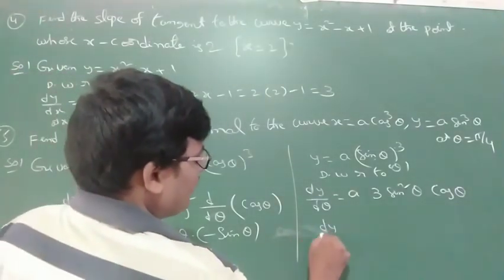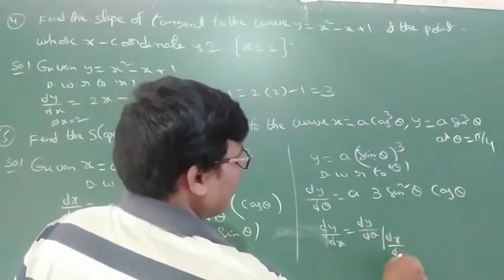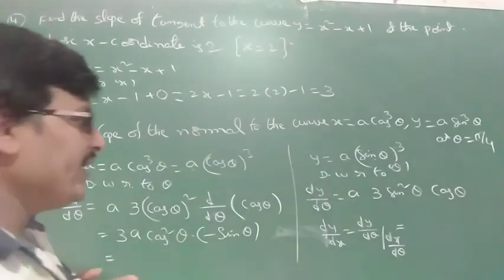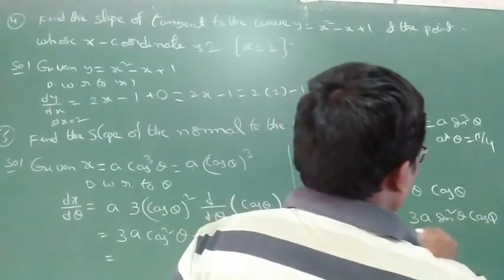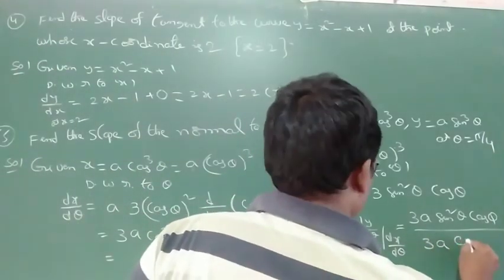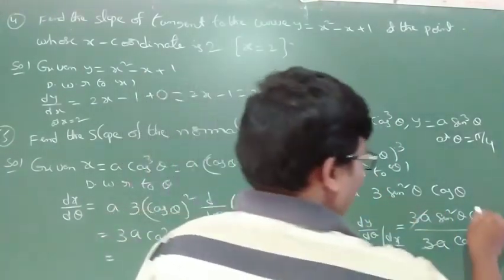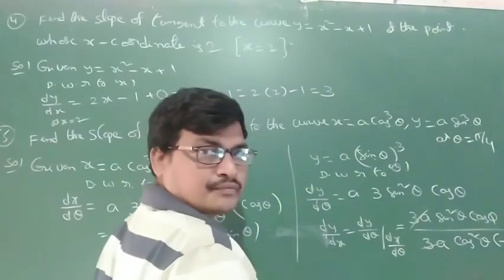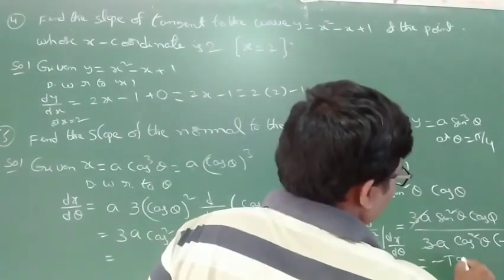So finally, dy by dx is equal to dy by d theta by dx by d theta. dy by d theta is 3a sin square theta cos theta. dx by d theta is 3a cos square theta into minus sin theta. 3a cancels, one cos cancels, one sin cancels. Remaining is minus sin by cos, minus tan theta.